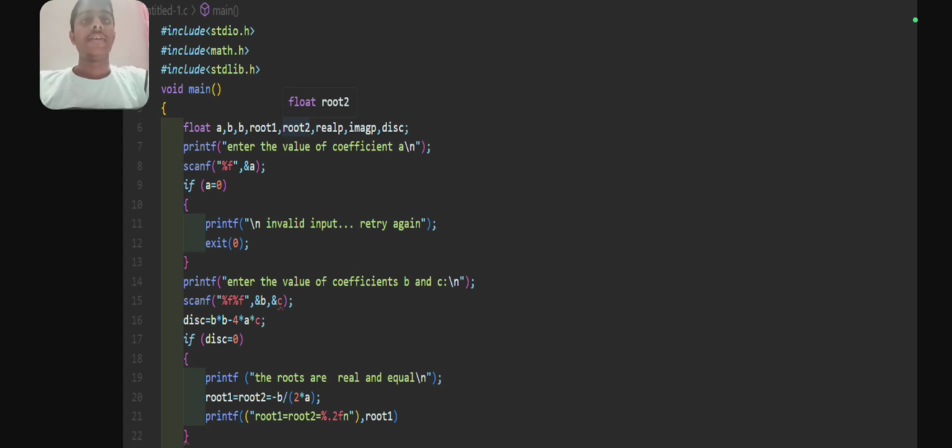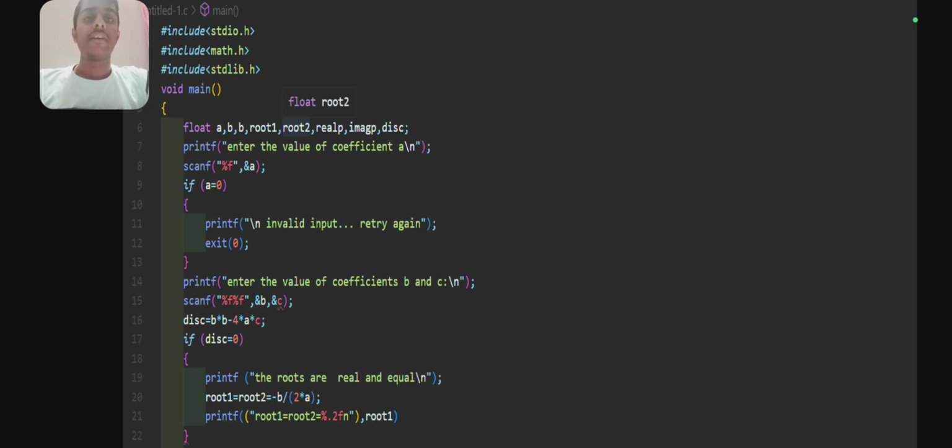First, include the libraries: stdio.h, math.h and stdlib.h. Then we declare the required variables: float a, b, c, root1, root2, real part, imaginary part and discriminant, where a, b, c, root1, root2 are of type float.